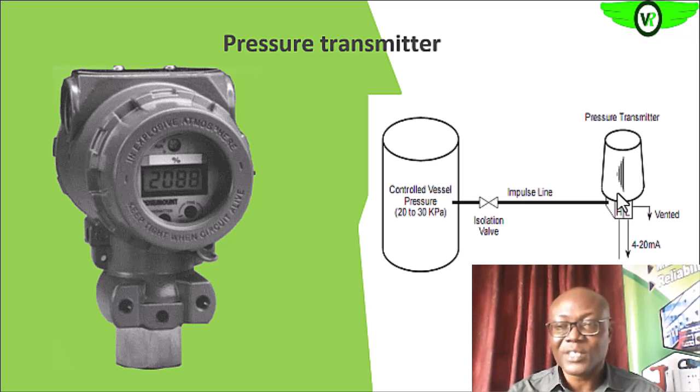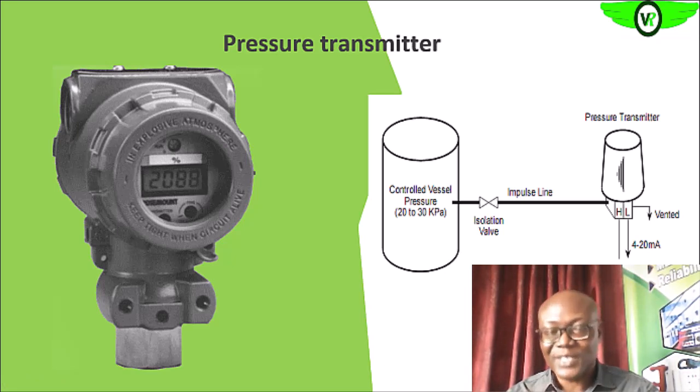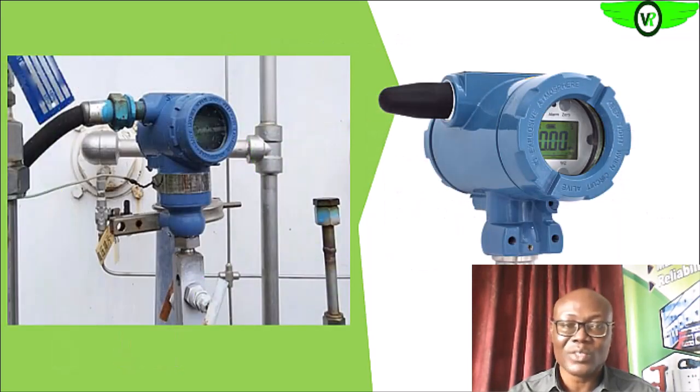And then we amplify it to this 4 to 20 milliamp value that will be transmitted either for control or for monitoring purposes. So the transmitter is basically an amplifier and a transmitter, so to say. It amplifies and sends the amplified result to where that result will be used. So these are examples of pressure transmitters.